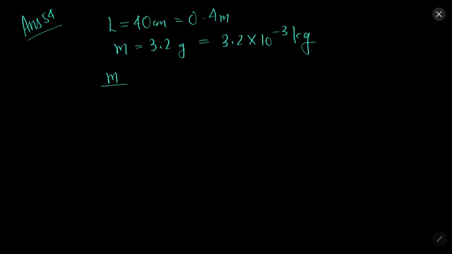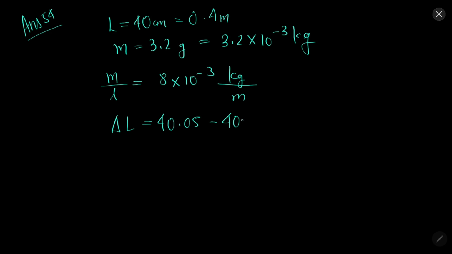Mass per unit length is 8 into 10 to the power minus 3 kilogram per meter. Del L will be 40.05 minus 40, that is 0.05 into 10 to the power minus 2 meters.